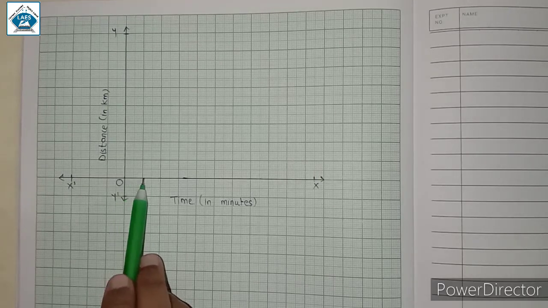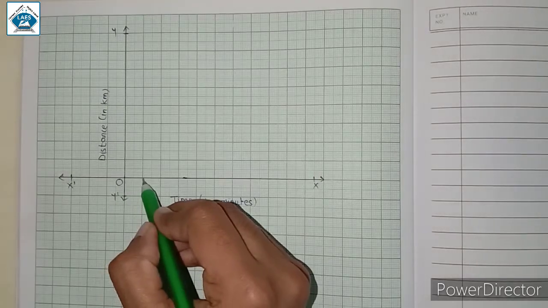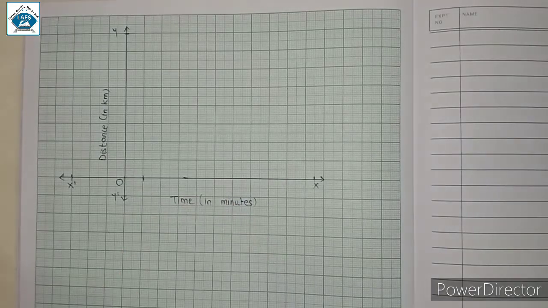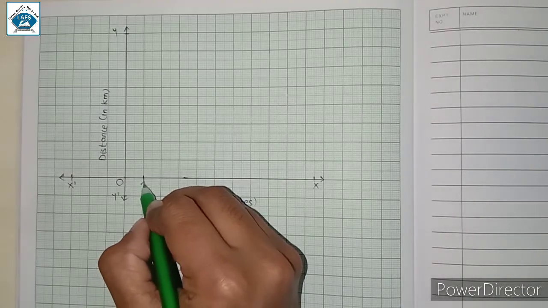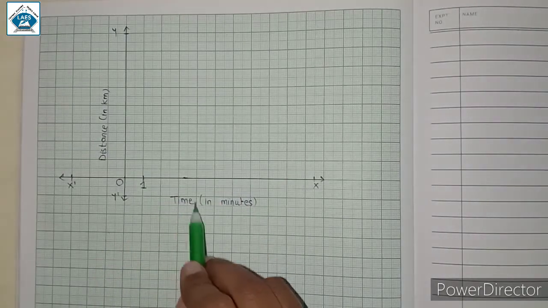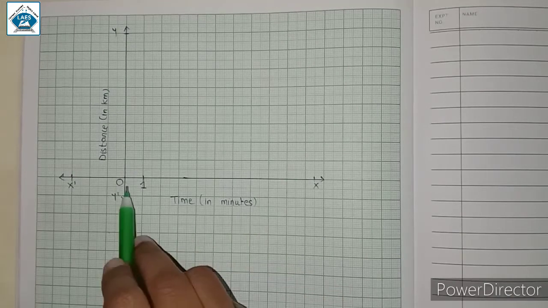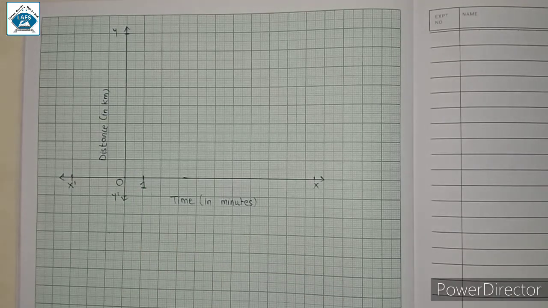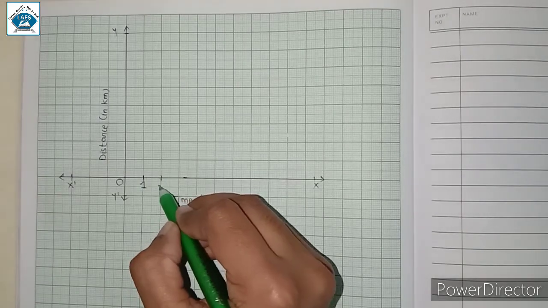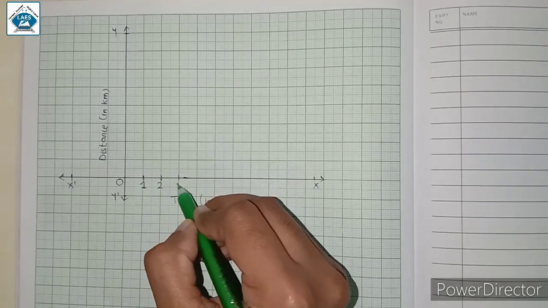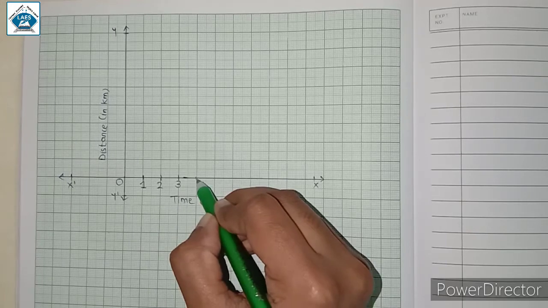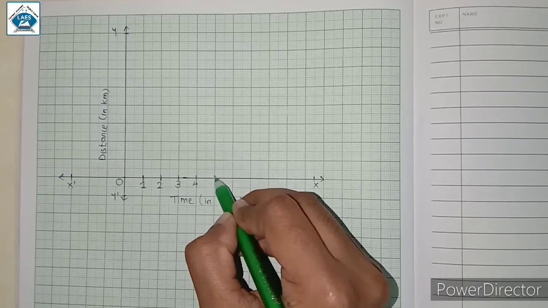This distance is 1 centimeter. So ये जो 1 centimeter है, we are going to take it as 1 minute. ठीक है, यहाँ पर लिखा है time in minutes. So here 1 centimeter represent 1 minute. So 2 centimeter will represent 2 minutes. So in this way we will write the time which is in minutes.